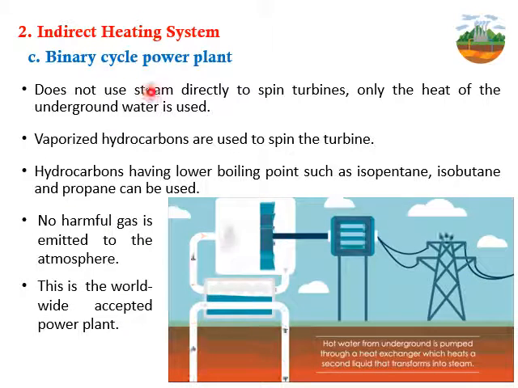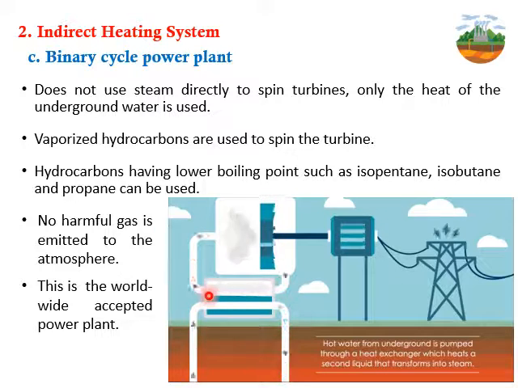The third type of power plants, the binary cycle power plants, are the most favorite or most used plants, in which the water cycle is different from the working fluid cycle. The water is sent into the earth crust, and then it comes back and exchanges heat with a secondary fluid.